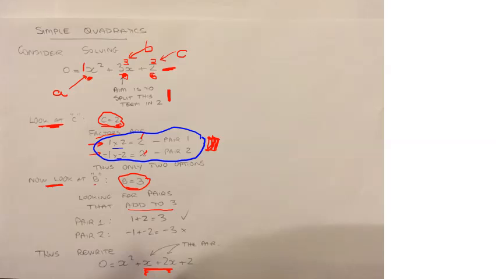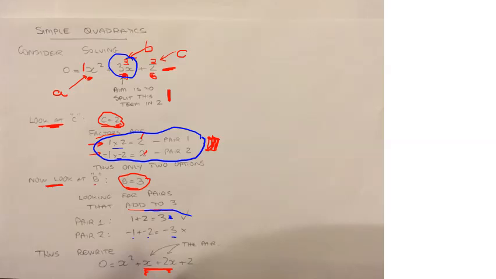And you can see here for the first pair we get 3. Now 3 is actually this middle term. If we do the -1 and the -2, you'll get -3, which is not the middle term.